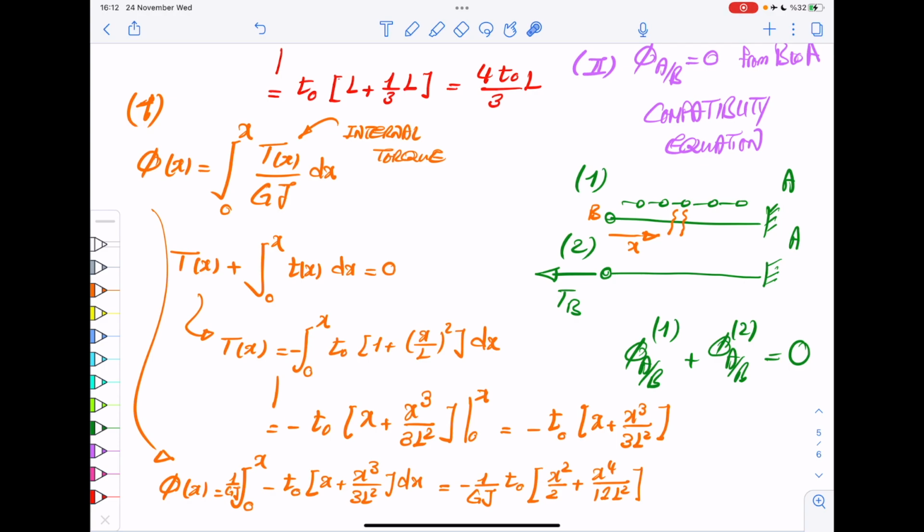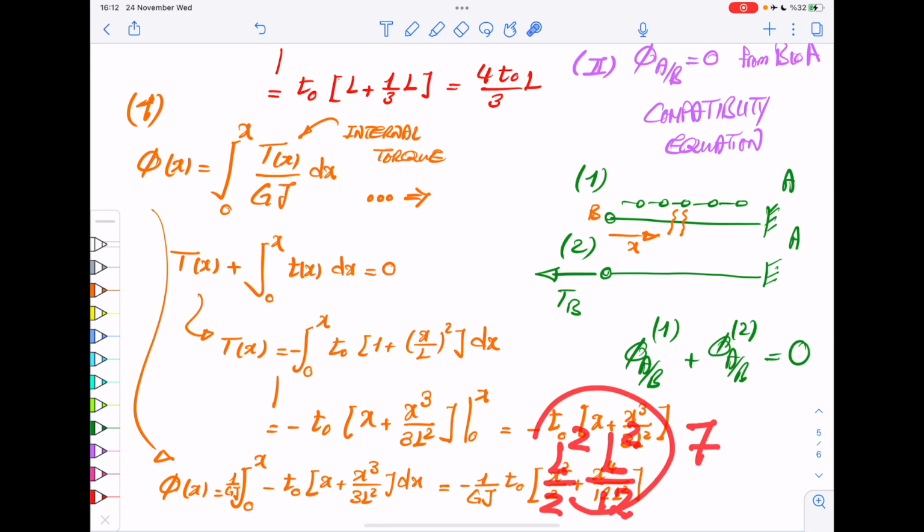So I'm going to simplify this and clean it up. All you have to do is insert L here. If you insert L, you get L squared divided by 2 plus L squared divided by 12. So 1 over 2 is 6 over 12, plus 1 over 12, this gives you 7 over 12 L squared.